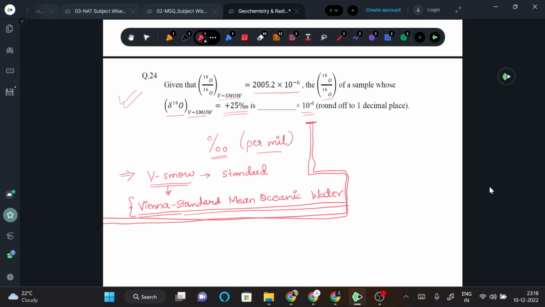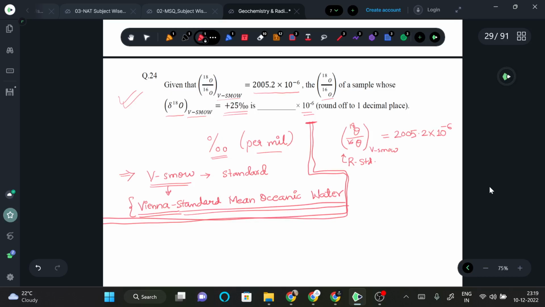So here we have O18 by O16 in VSMO as 2005.2 into 10 to the power minus 6. This is our standard.